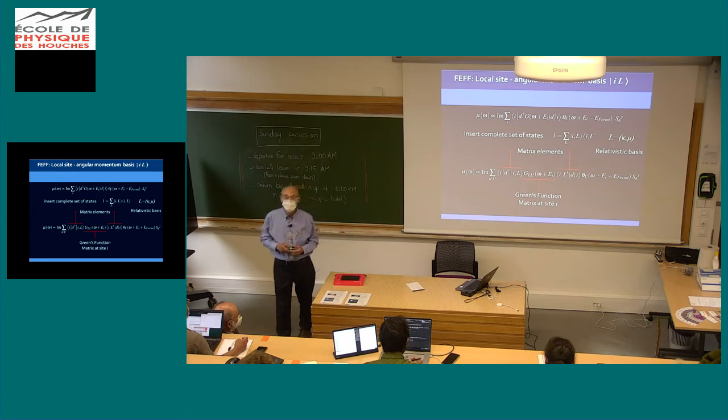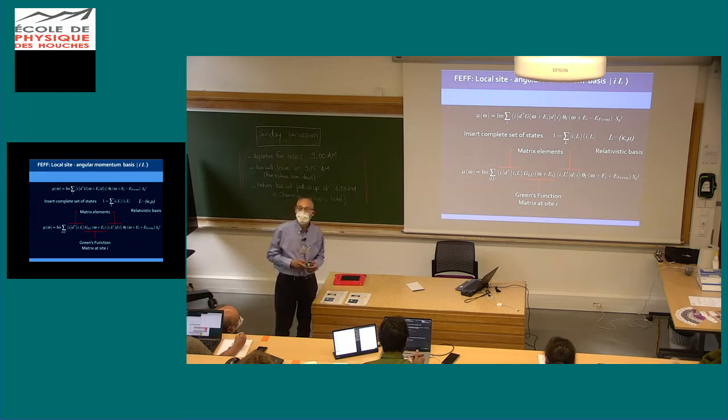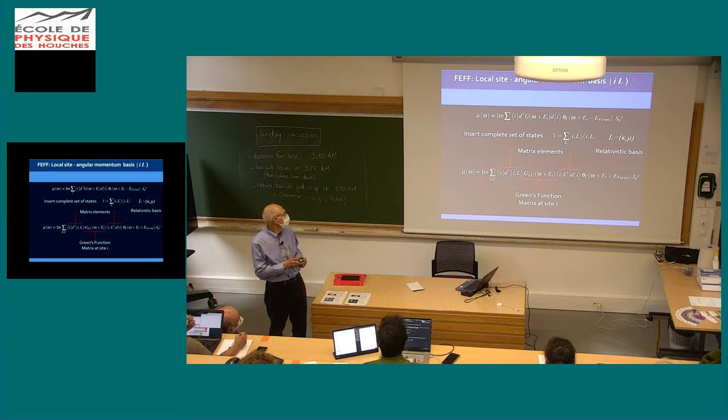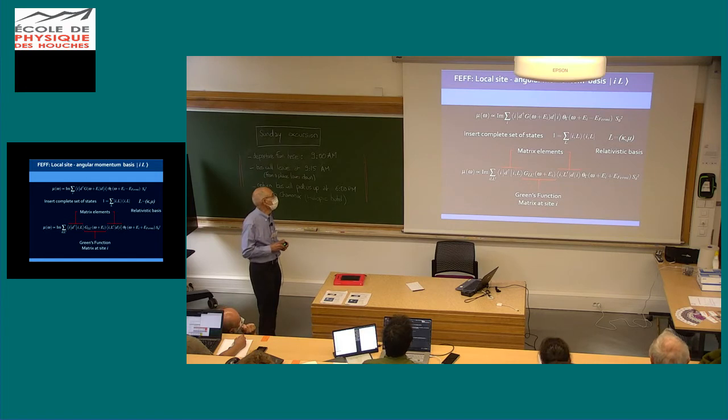Of course, like the KKR, we use a local site and angular momentum basis everywhere. I is the site, and L is the angular momentum. And of course, I've used capital L, but really it's a relativistic angular momentum basis that you really need.